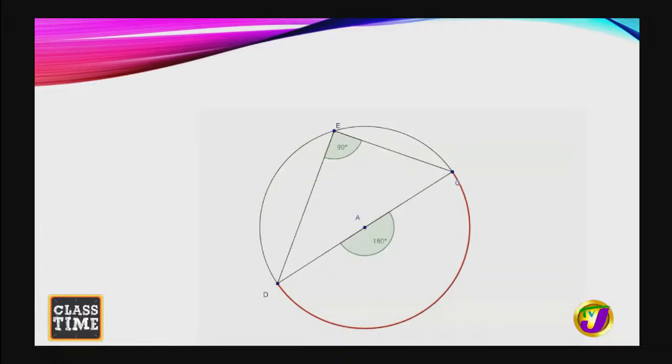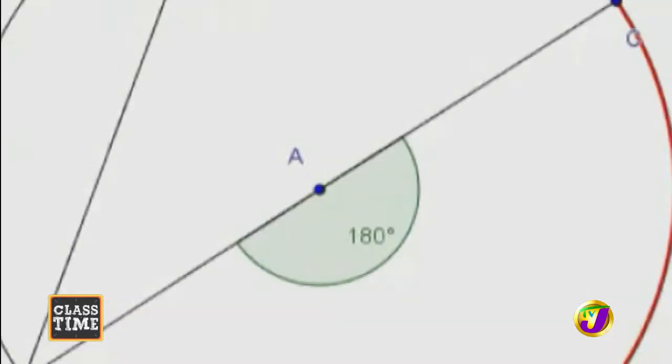We said that the angle at the center, subtended from the same arc, is twice the value of the one at the circumference. There's a figure here for you to analyze. The angle at the center is 180 degrees and half of it is 90 degrees.